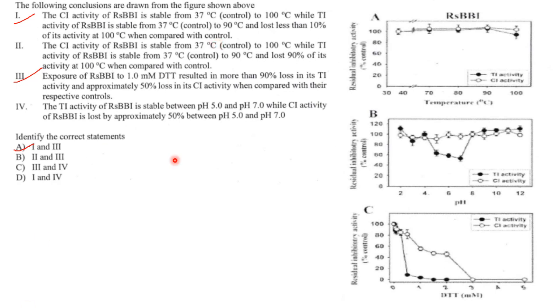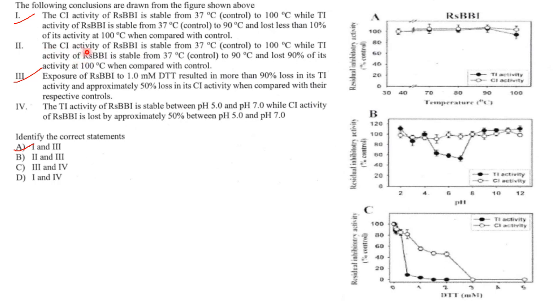Because if you see this graph, you can see that at 37 degrees Celsius, CI activity is stable. While TI activity, this is the black shades, is stable from 37 degrees to 90 degrees only, and lost less than 10% when it reached 100 degrees Celsius when compared with the control. So first statement is correct.